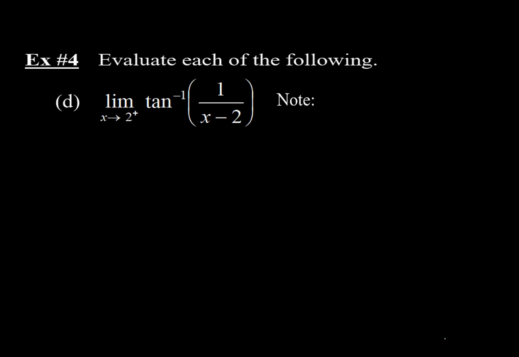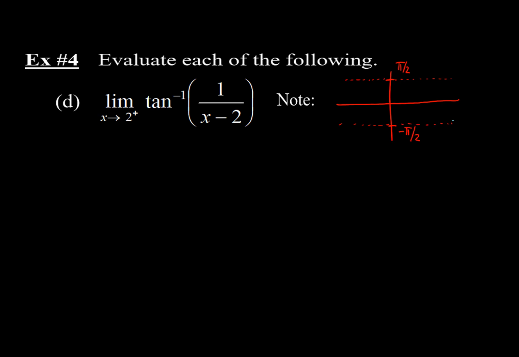Okay, for this function here, it's actually going to be very helpful for us to look at what's happening on the inside. Let's look at the inverse tangent function. The inverse tangent function actually has horizontal asymptotes at pi over 2 and negative pi over 2.